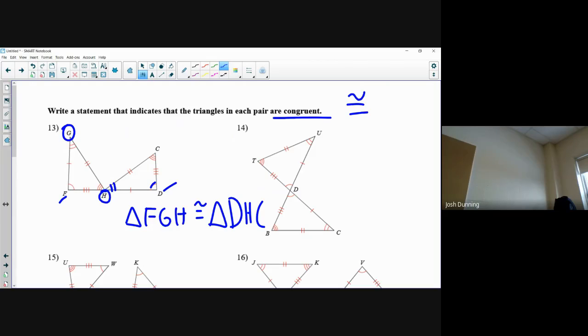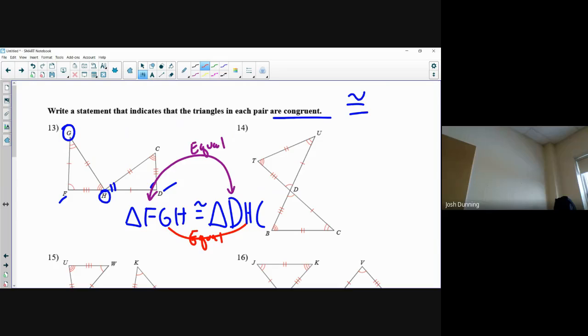Now, what this means, why I just wrote it like that. If I didn't show you that picture of a triangle, since I'm saying these are congruent, you know F and D are equal. Those angles are equal. You know G and H are equal. You put them in the order where they will line up.